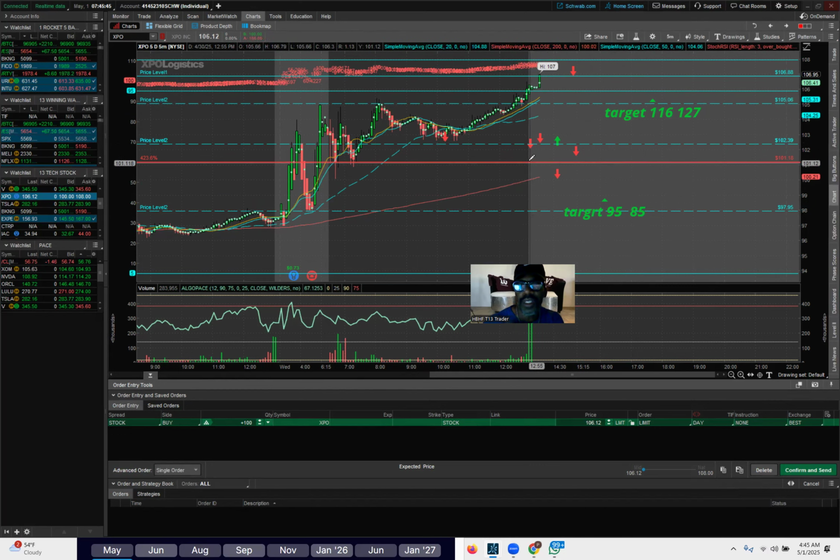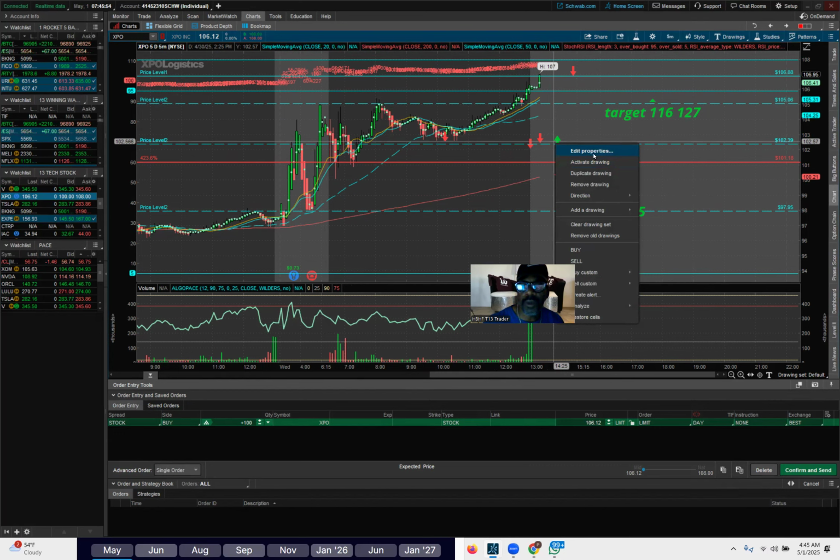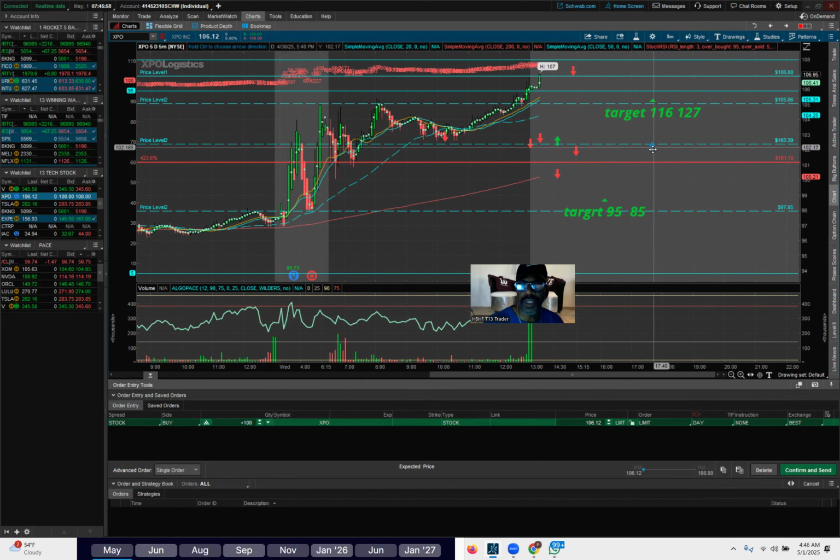Now, if it drops down here, that means your target prices have widened up. This has become an area of support and resistance where you may have to sell your position. But this is your target prices. You buy off the tail of your red candle where it starts holding support. Then you have your second time, maybe 15 minutes, maybe 30 minutes.